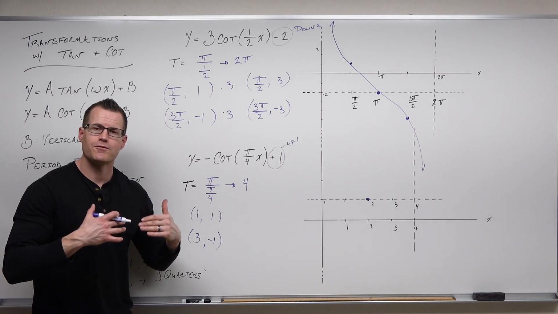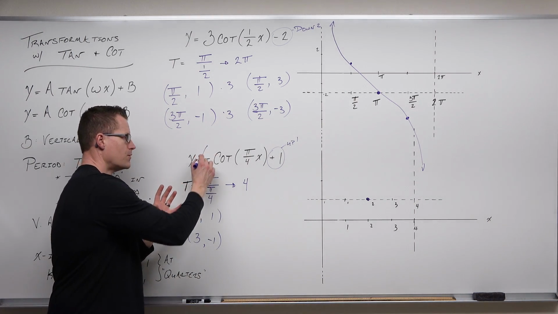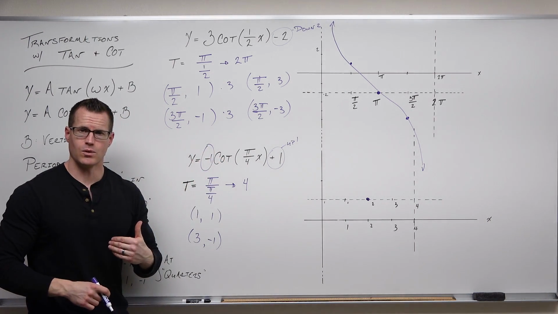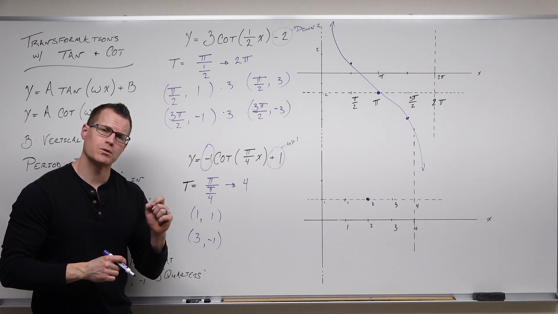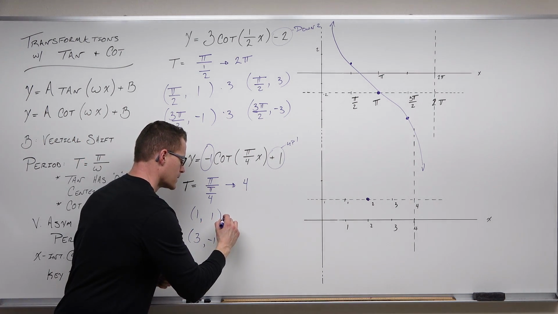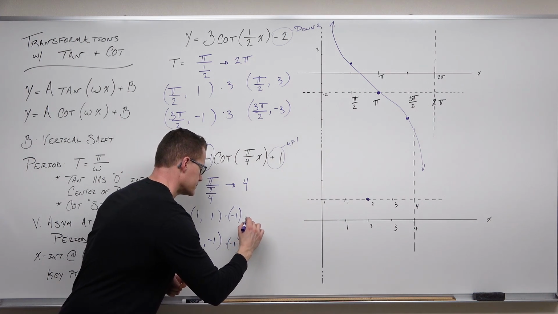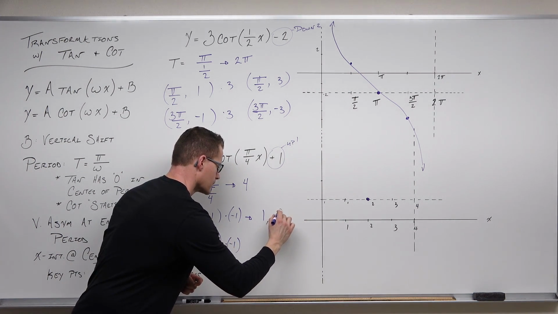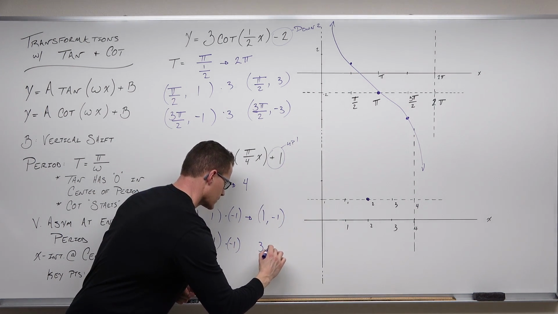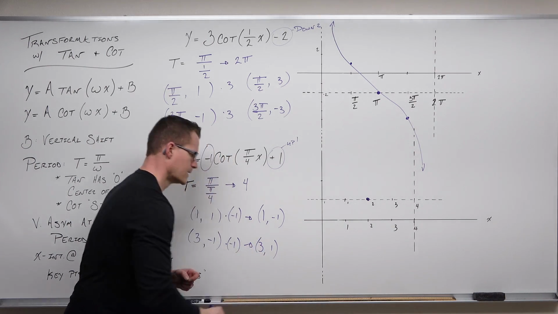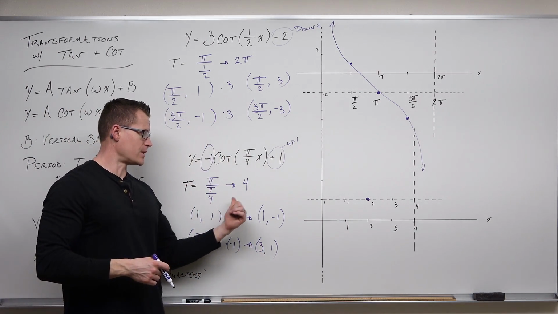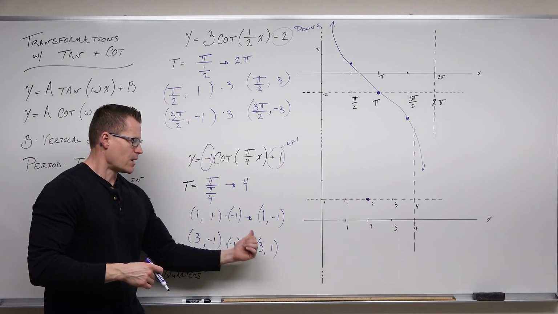We're just going to affect it by whatever this number is. In this case, negative 1. That factor multiplies your outputs. Just your outputs though. So 1, negative 1, sure. 3, negative 1.